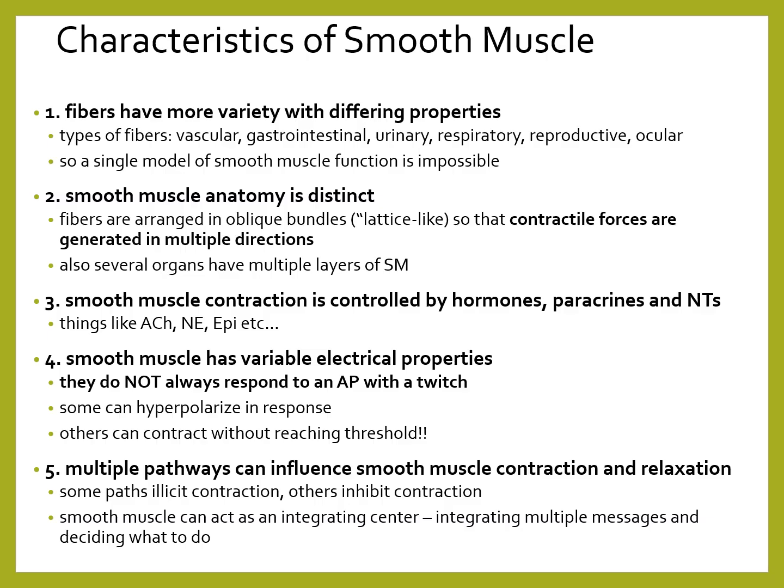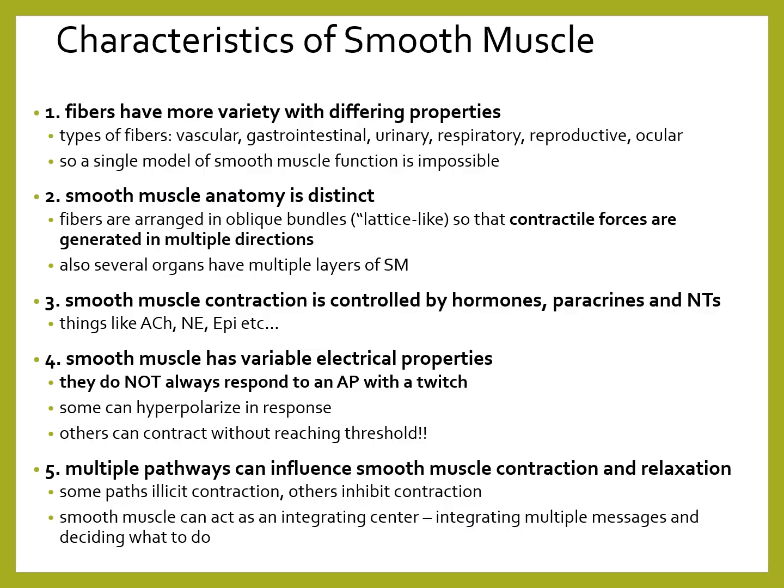Contraction of smooth muscle is controlled by hormones, just like skeletal muscle. So acetylcholine actually does play a role in the contraction of smooth muscle. However, there are other things like, did I just say acetylcholine was a hormone? I lied. I totally lied to you. So contraction is controlled by hormones, paracrines, and neurotransmitters. So again, neurotransmitters, acetylcholine.